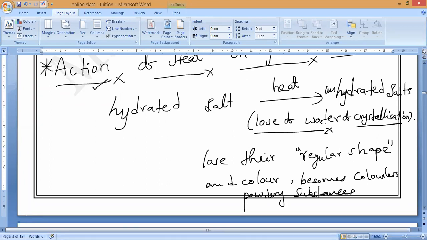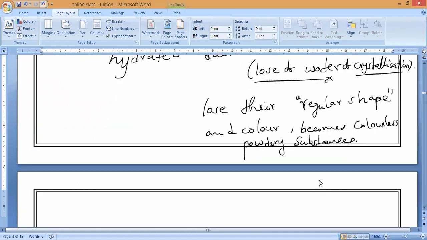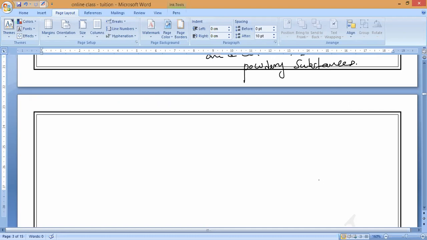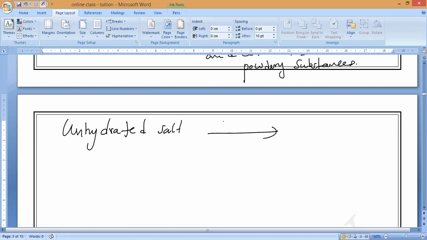That is the reason water of crystallization is most important. When water is added to an unhydrated salt, it becomes hydrated once again and regains its color. So if you add water to unhydrated salts, they turn back into hydrated salts.